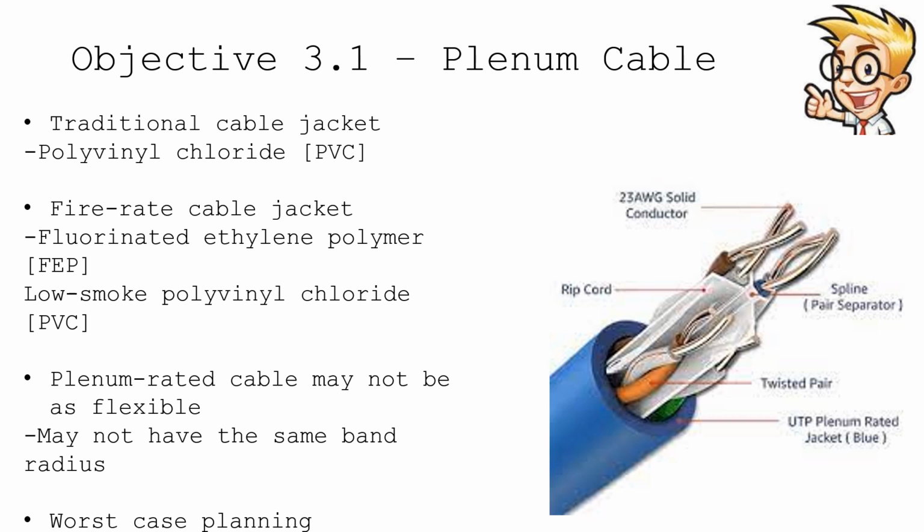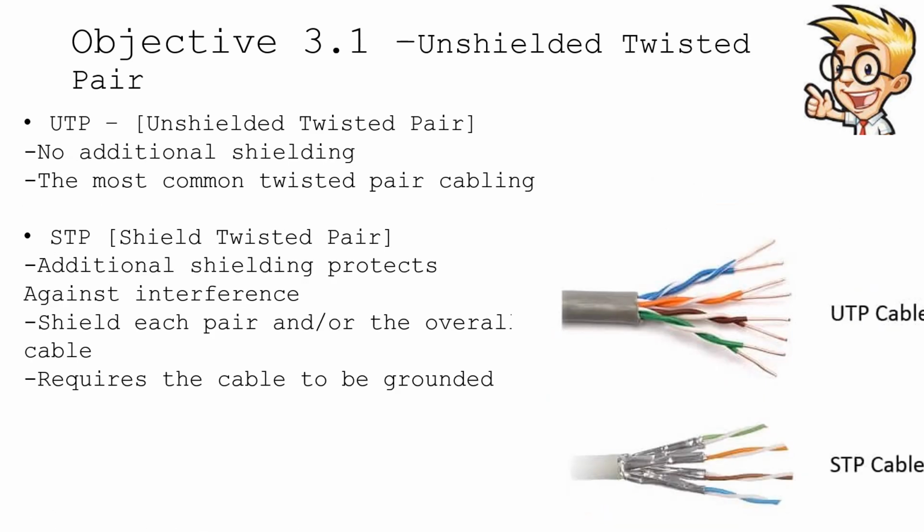If you look at the outside of an Ethernet cable, you'll see some writing that describes what type of cable is on the inside. This uses abbreviations like U for unshielded, S for braided, or F for foil. In our picture of the shielded twisted pair here, you can see that there is a shield around the entire cable but no shielding around the pairs.